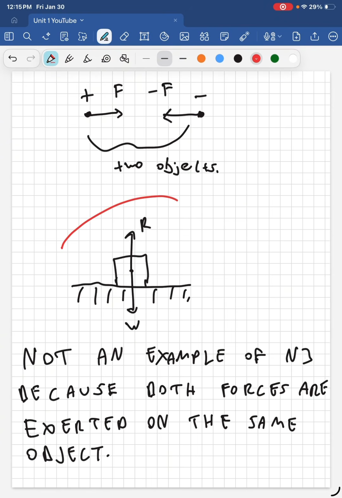So this example is not an example of Newton's third law.